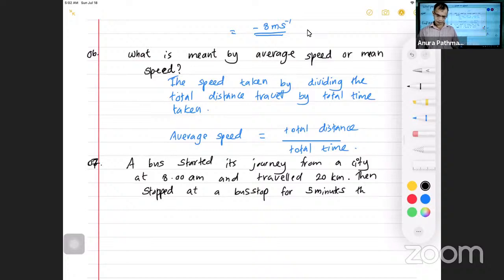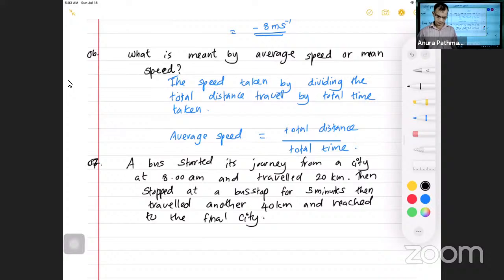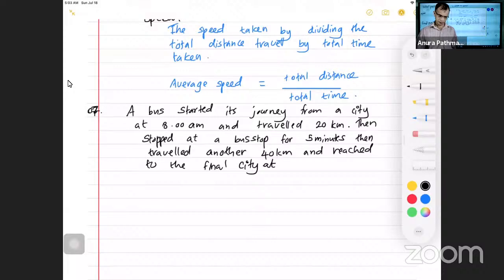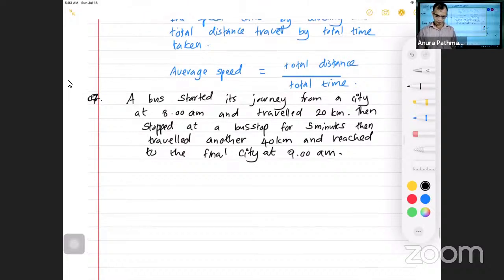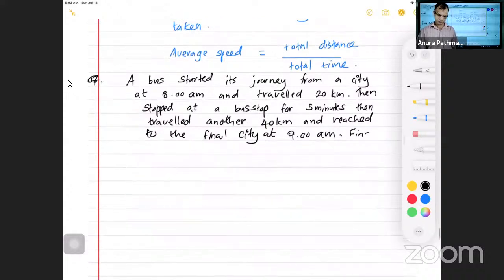Then traveled another 40 kilometers and reached the final city at 9 a.m. Find the average speed.